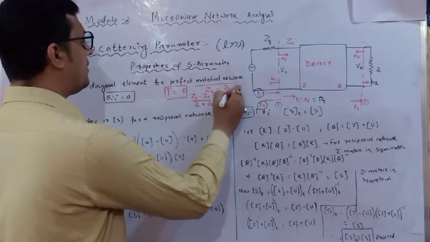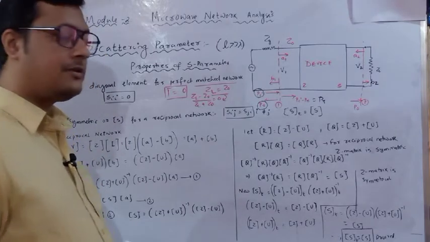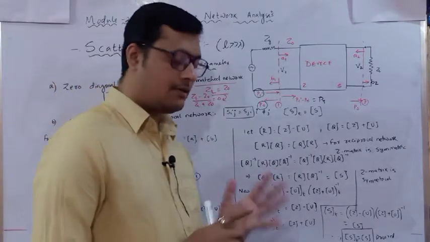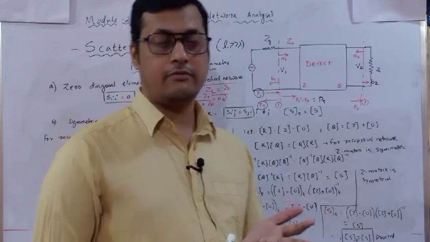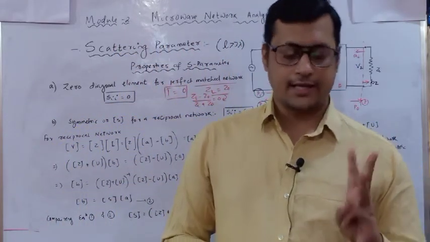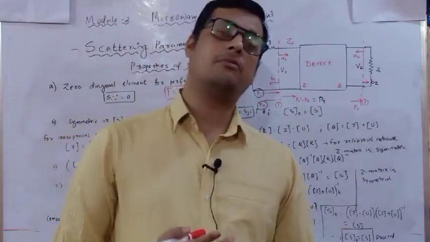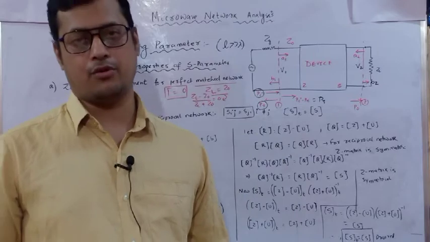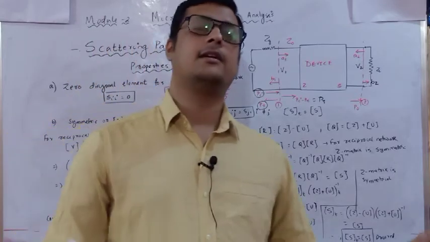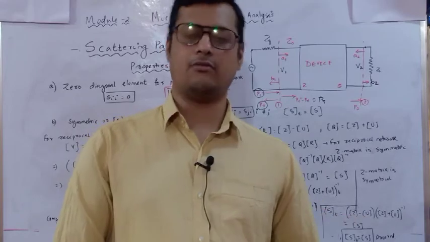If we put this condition, we get 0 directly. In S parameter terms, S11 is the reflection coefficient for port 1, S22 for port 2, S33 for port 3, and S44 for port 4. If these reflection coefficients are 0, the diagonal elements are 0.